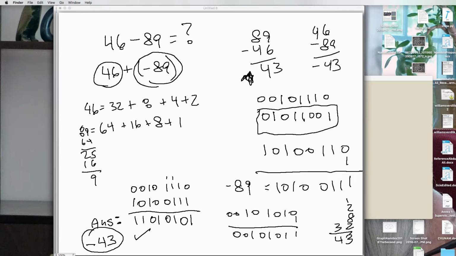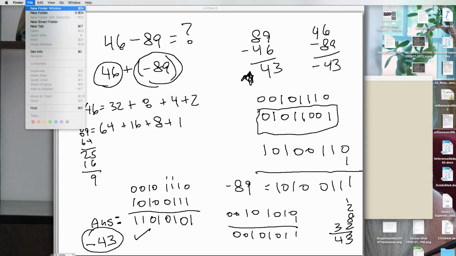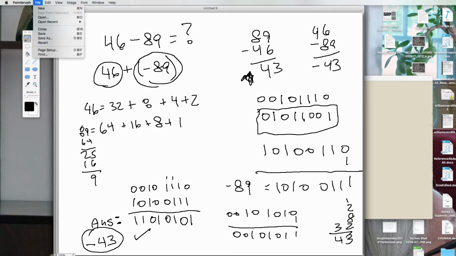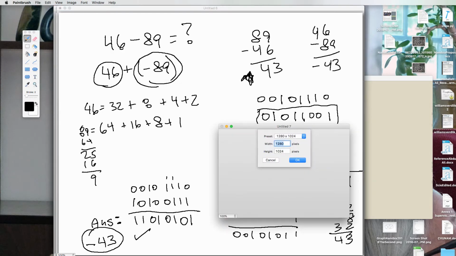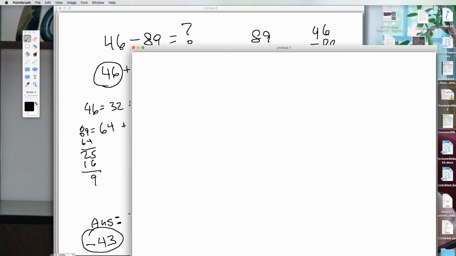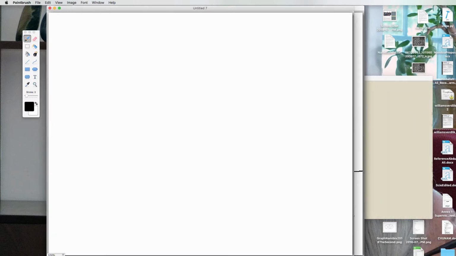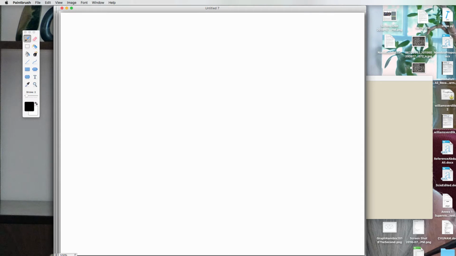Okay, so that brings us to, whoops, here we go. We need another thing to write on. I want you to consider the following. Remember we said that the range for 8-bit signed was from 127 all the way down to minus 127.